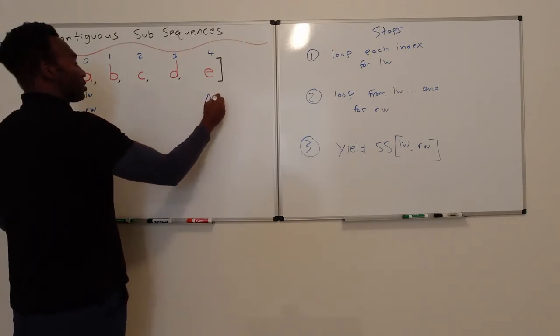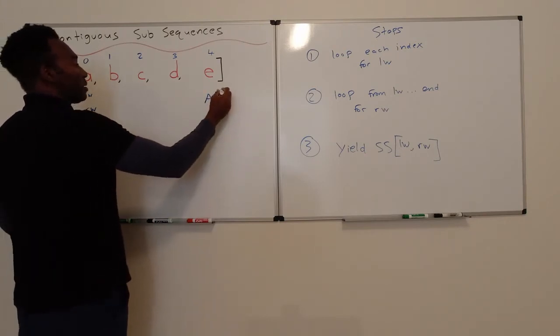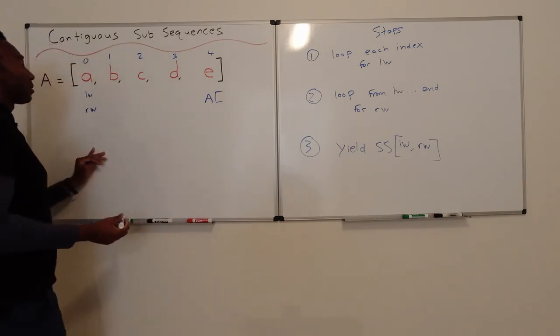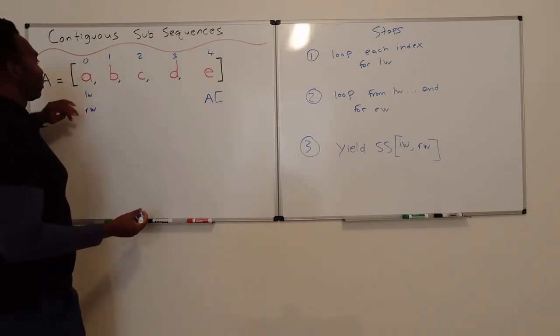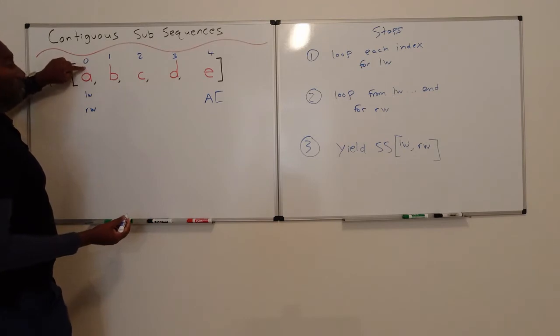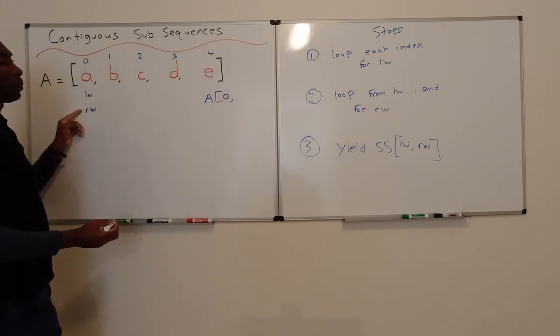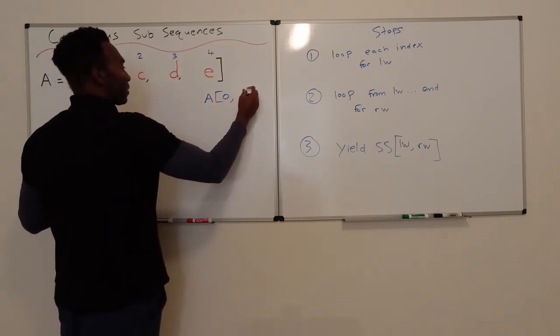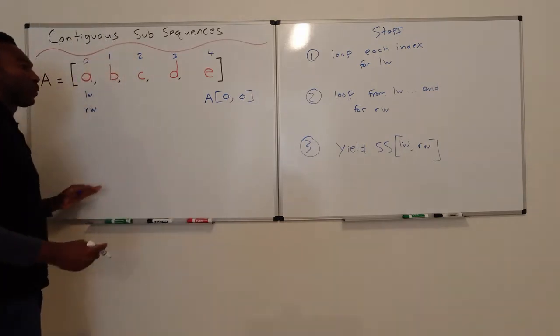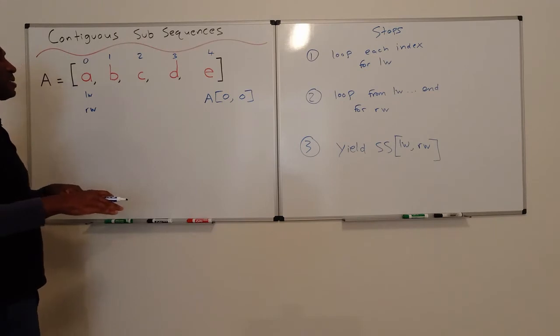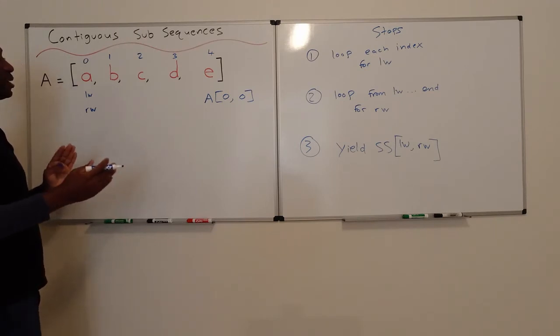So we have A, which is our input, and using interval notation, we have the left wall, which is 0 for the index, and then we have the right wall, which is also 0 for the index. And then we want to yield the result that is defined by that particular interval.